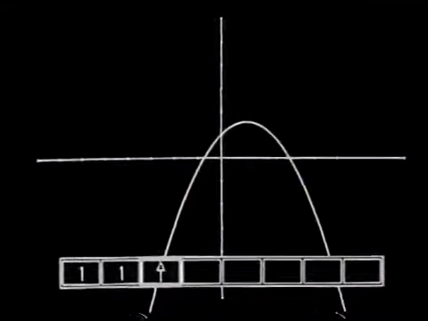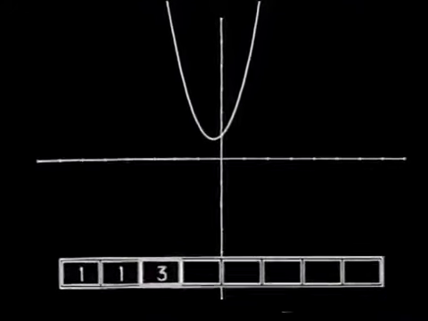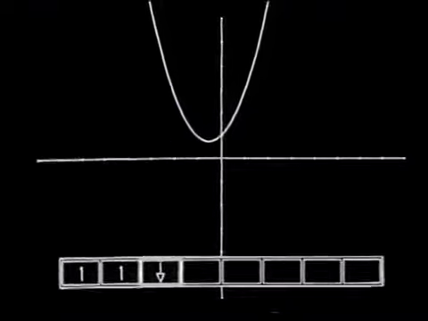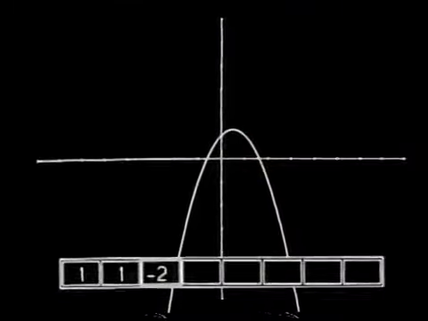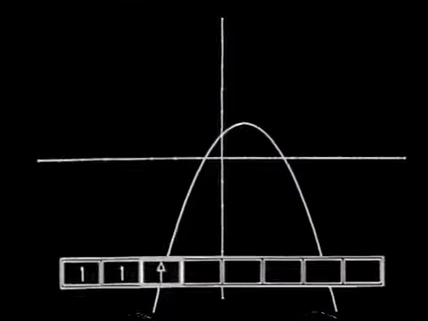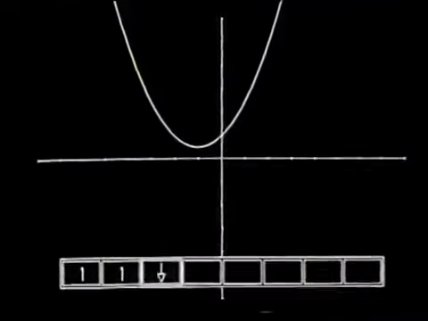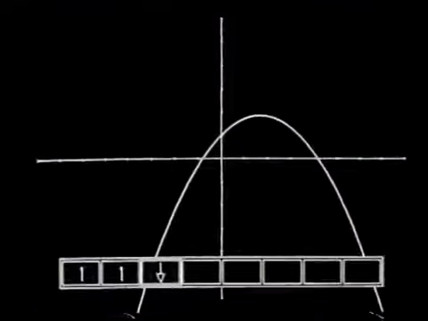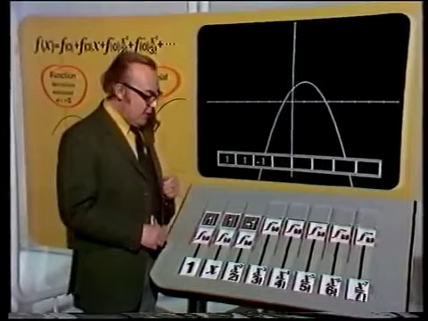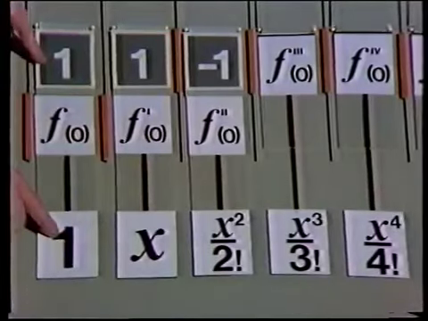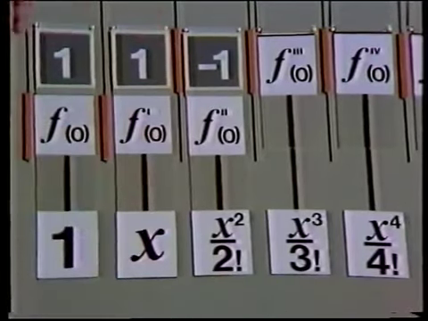So the flexing that you can see is entirely due to the changes in f double dashed at the origin. And f double dashed is the part of the recipe which controls the x squared over 2 ingredient. Well, for a change, we'll leave that set at -1 this time. Well, it's very easy to read off the recipe for this curve. It's just 1 lot of 1 plus 1 lot of x minus 1 lot of x squared over 2 factorial.